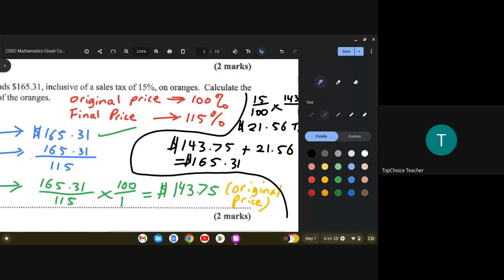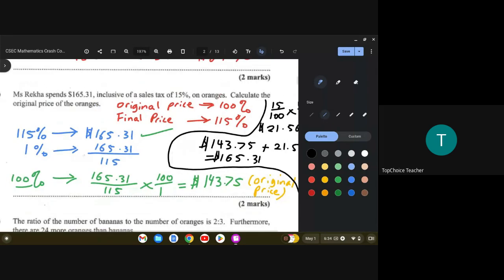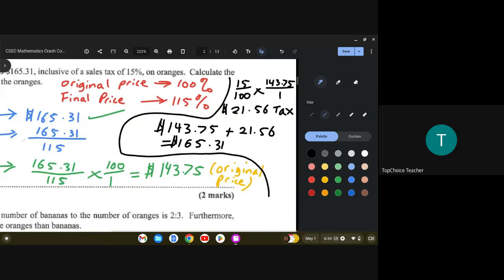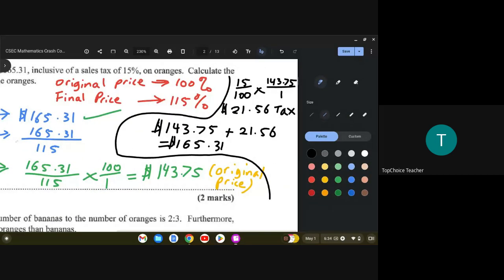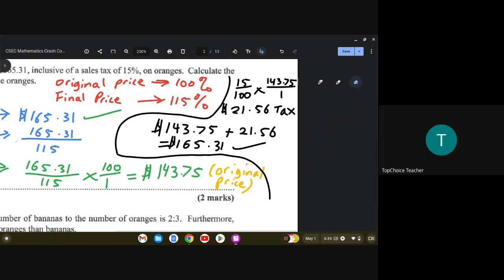Isn't that the actual final price she spent? Look at the question. She spends $165.31 after the tax. So if we know the original value, we tax it, we add it back to the original, we got the same answer. We got back the same thing. So we are guaranteed to know that our answer is correct.